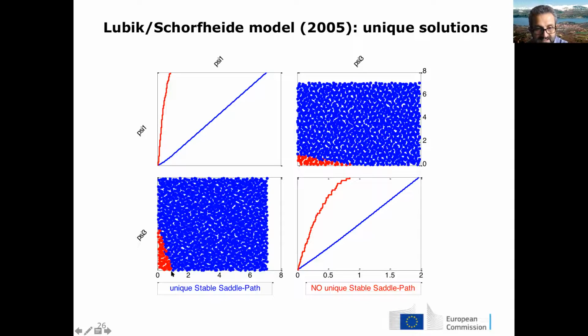What is this straight line? This number here is 1, between 0 and 2, and also here it is 1 because the domain of psi3 is 0 to 2, so it's in the middle. What does this say? It says that psi1 plus psi3 has to be bigger than 1.